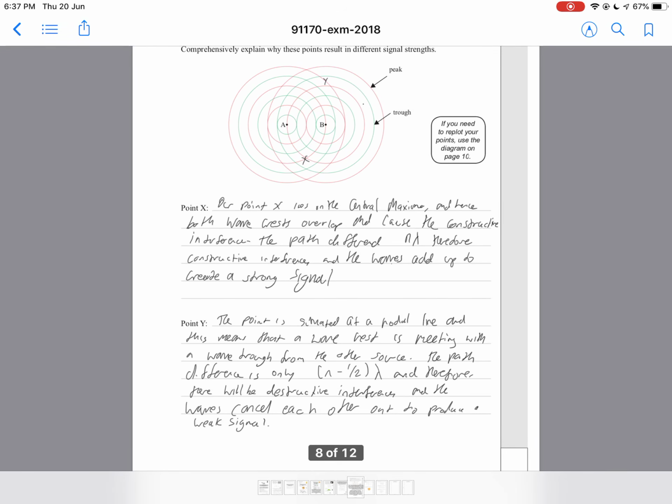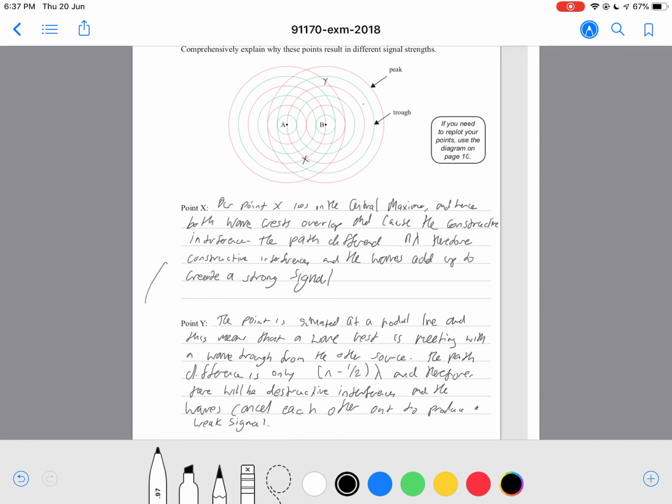That's the same for point Y: the point is, for example, at a nodal or an antinodal line. You explain the path difference and what this path difference means in terms of what type of interference, and because of this interference, what will happen as a result. Doing both of these will get you your excellence grade.